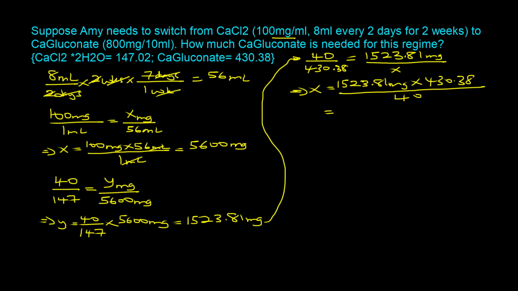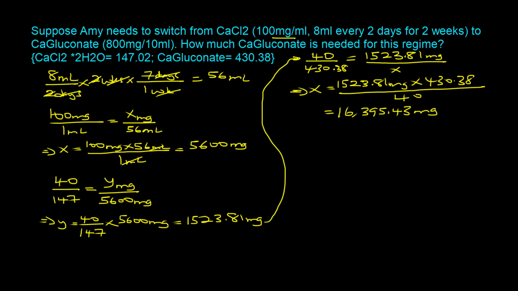And that's going to be equal to 16,395.43 milligrams. So we now have the amount of calcium gluconate that is needed. However, you're going to give this quantity as a fluid, so we need the volume. That's our main interest here.